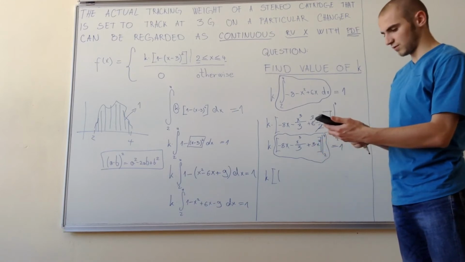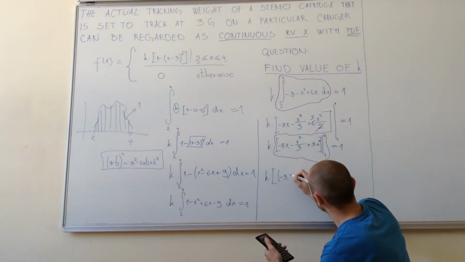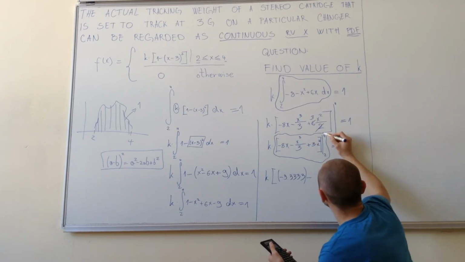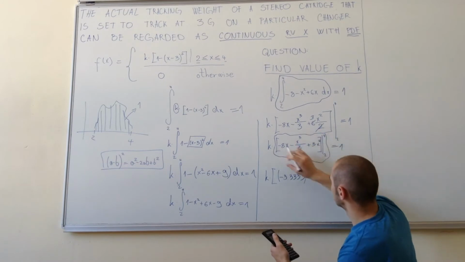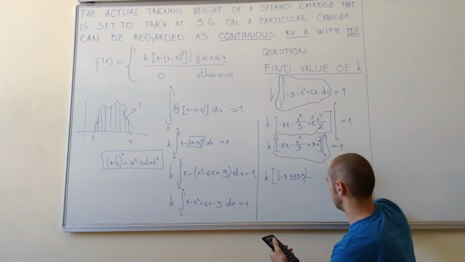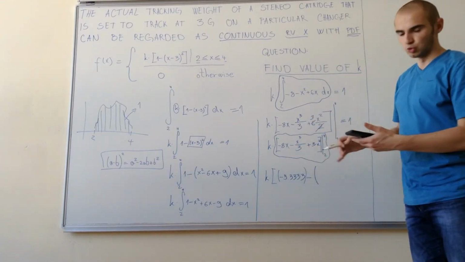And so the solution of this part is minus 5.3333. And now minus, since this is the upper limit, so we calculate for that one, minus for this lower limit. So it will be here. And now instead of x, we will write 2.